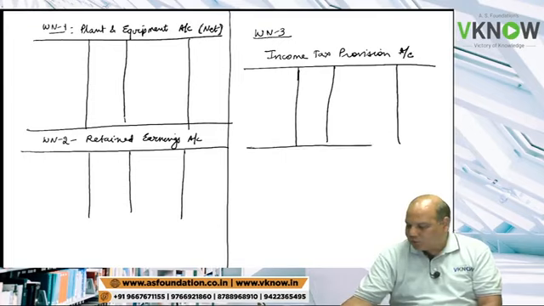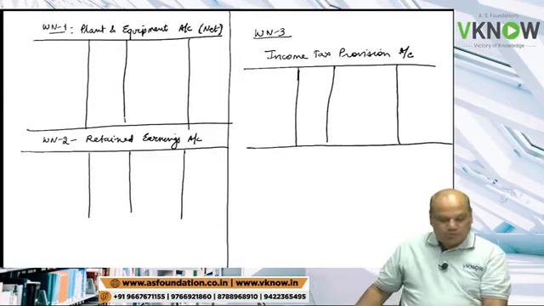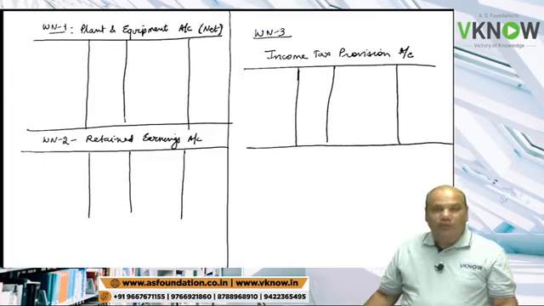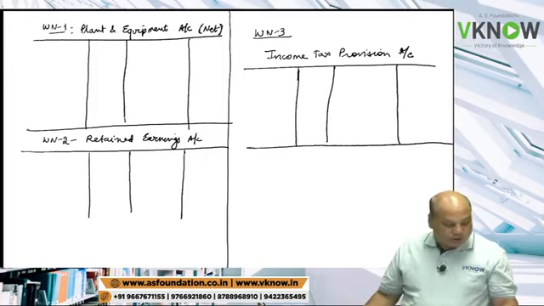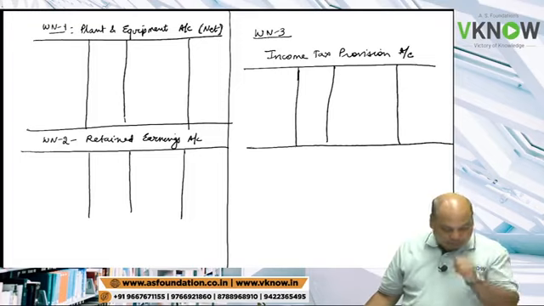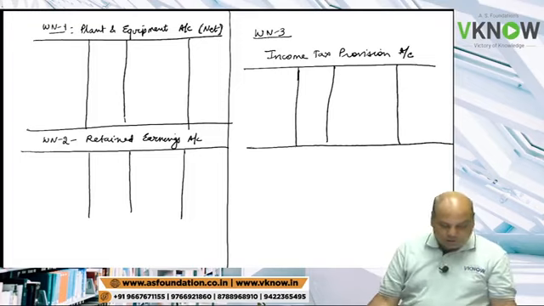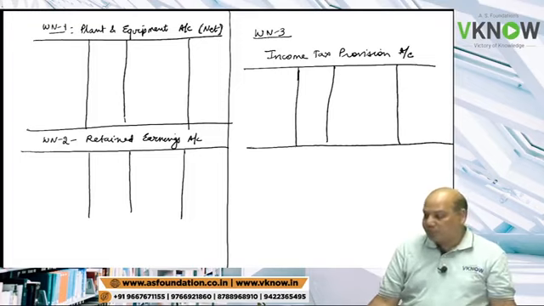In all the formats you will write rupees in crore. I think this will serve the purpose. There are no major adjustments. This will help us to solve the problem.